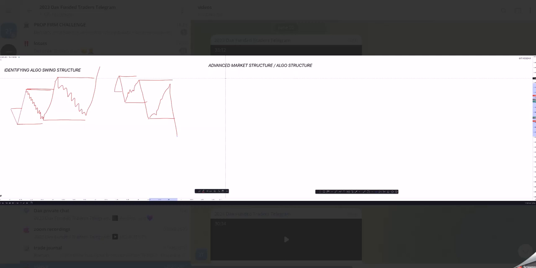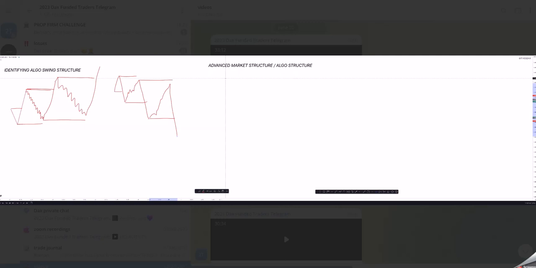First, you want to identify each higher low in an uptrend. Please take note of this. Your first higher low is your A. Your second higher low is your B.